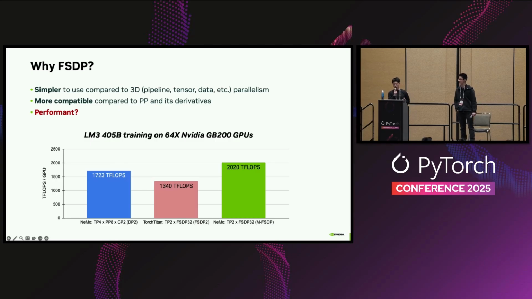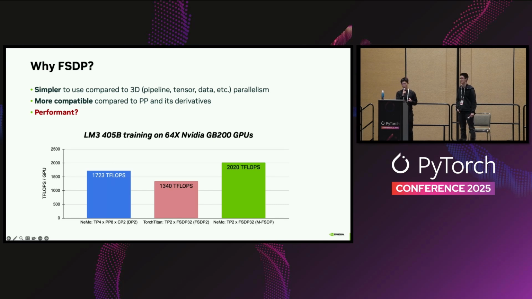So this is motivating data that I want to show here. This is the result of Llama 3 4.5 billion training on 64 NVIDIA GB200 GPUs. There are 3 bars, and the y-axis here indicates the teraflops per GPU.